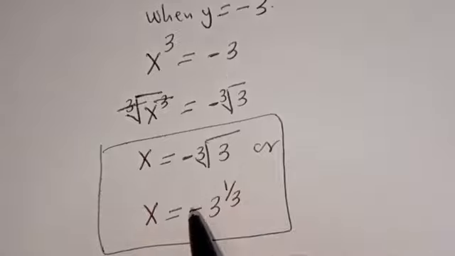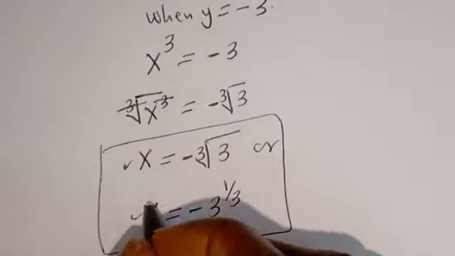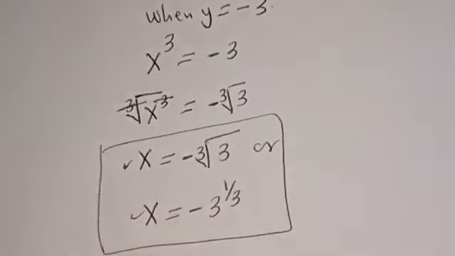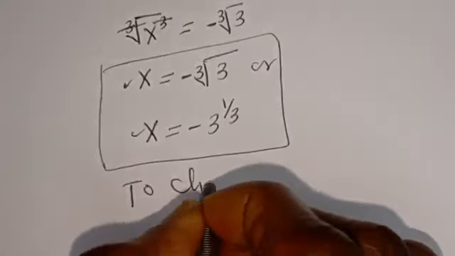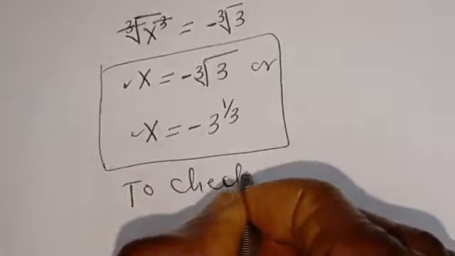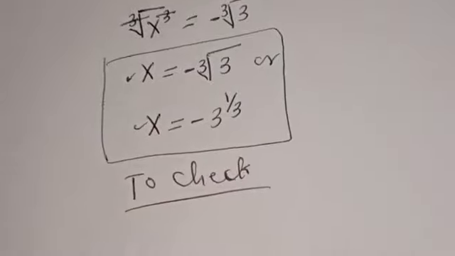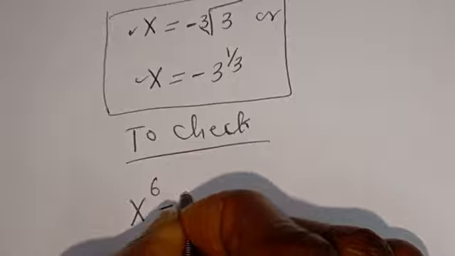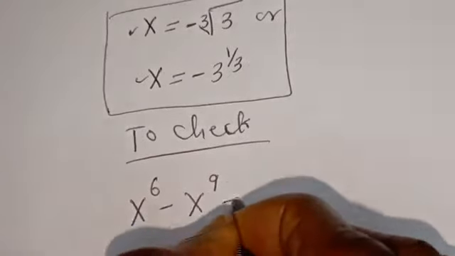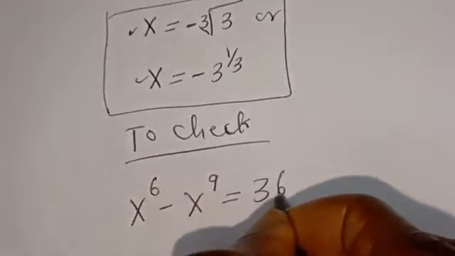But we can check to confirm if this answer is right or wrong. To check, we have the given equation s to the power of 6 minus s to the power of 9 is equal to 36.